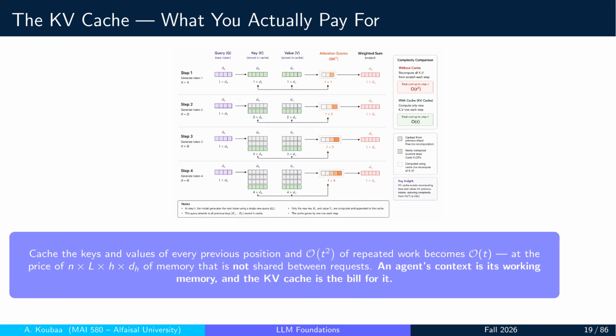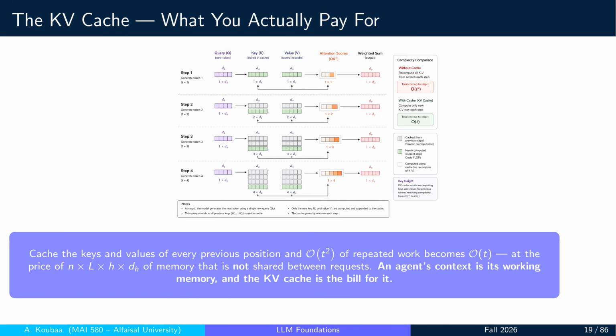During generation, we do not recompute the keys and values of every previous token at every step. Why can we get away with that? Because for a token that's already in the context, its key and its value do not change. Compute them once, compute them 100 times, you get the same vectors. So we cache them. Look at the effect written on the slide.